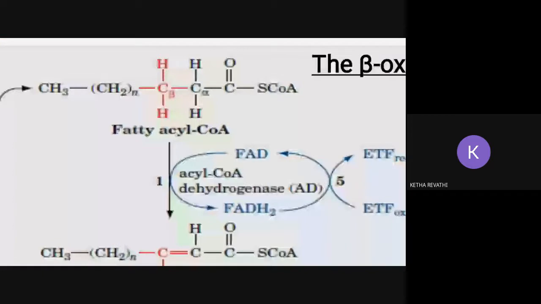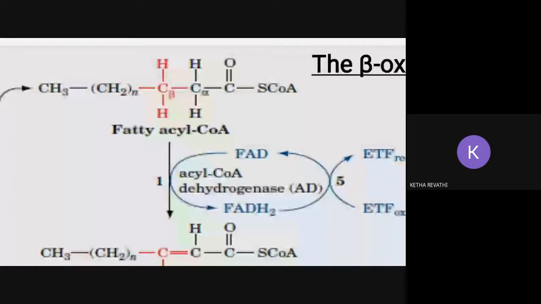CH3, CH2 twice N. N indicates the number of CH2s. So CH3, CH2 twice N, next CH2, CH2, C double bond O, S CoA. Here the functional group is C double bond O, S CoA.